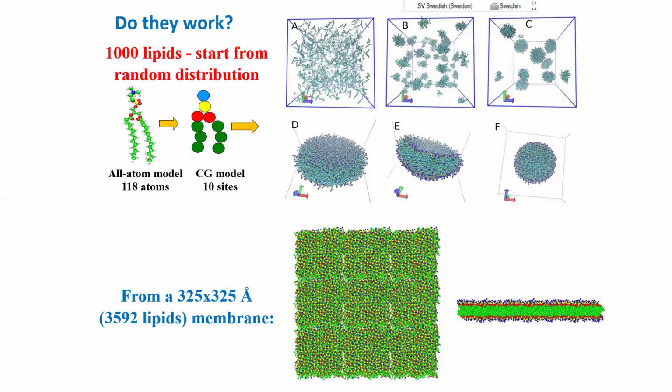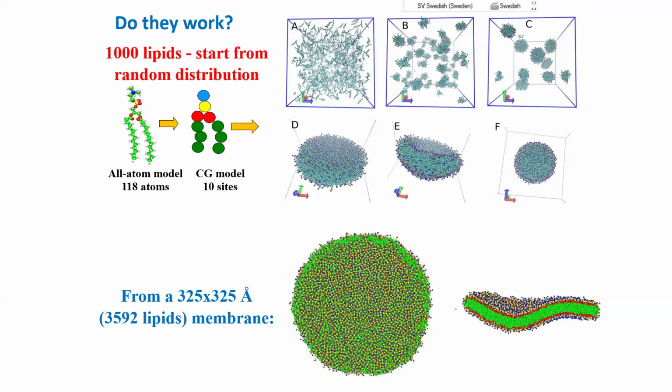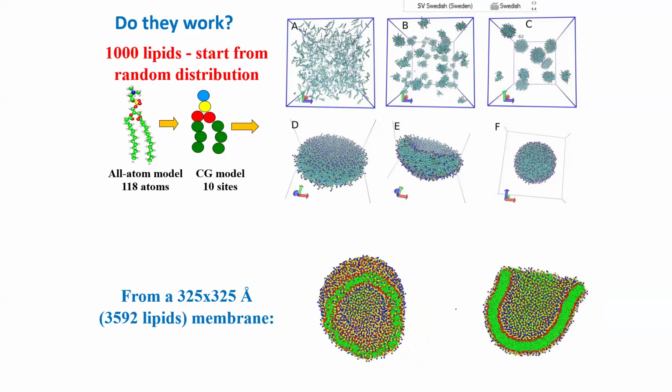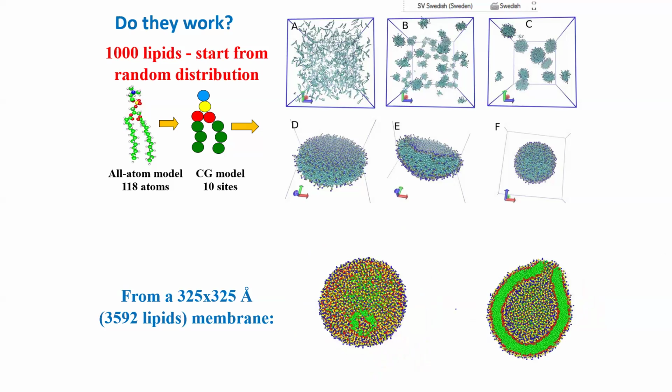You can also build much bigger micelles by taking, like you see in the bottom, several bilayers from what you obtain in your simulations, and spontaneously they start to form larger structures and so on.